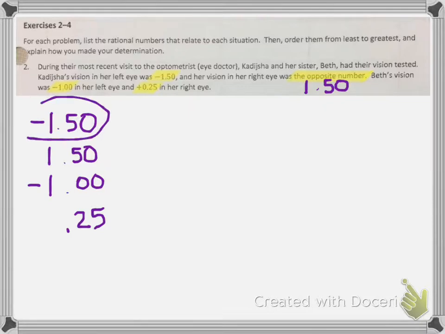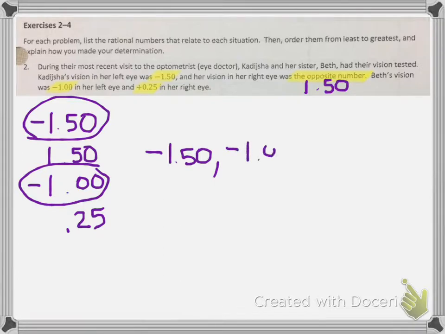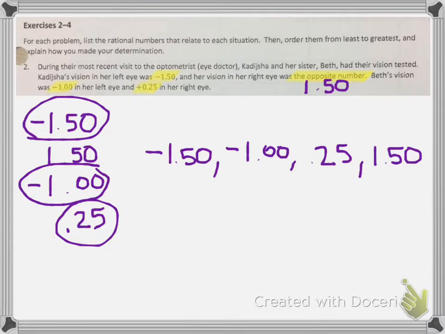So negative 1.50 is our first rational number, our smallest one. The next smallest one is the other negative, negative 1.00. And then we don't have any more negatives, so the next biggest is the smallest positive number, 0.25, and then the biggest number on this list is 1.50. So there's your list.